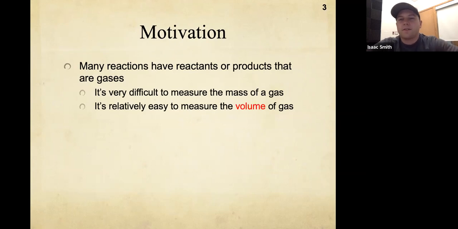So instead of questions that say you have 3 grams of hydrogen gas, it's more likely to report that in a real life application as a volume. You might say you have 1 liter of hydrogen gas in a balloon, where it's easier to measure the volume.